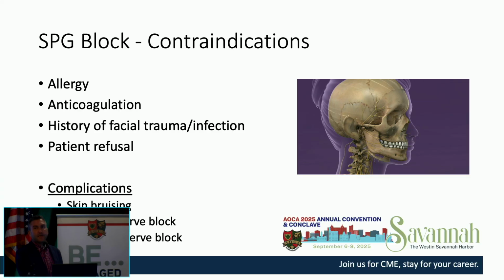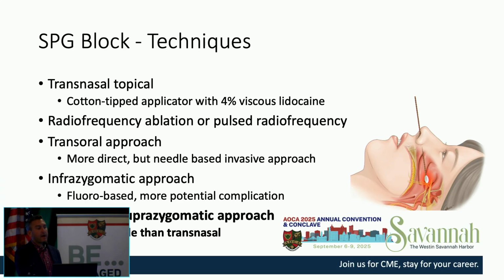Now, when it comes to the technique, that is what makes this attractive as an ultrasound-guided block. So the transnasal topical approach has gotten some attention over the years. There was a thought that the long Q-tip applicator with some viscous lidocaine would be a good alternative to an epidural blood patch, or whenever an epidural blood patch seemed too risky for a second puncture or something like that. Cotton-tipped applicator. It's kind of like a COVID test.